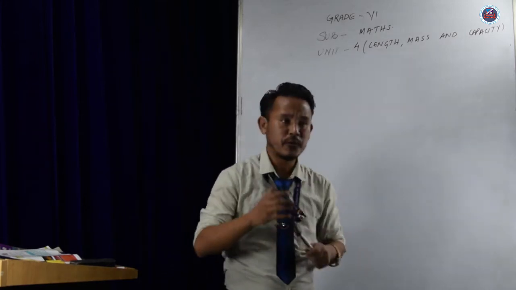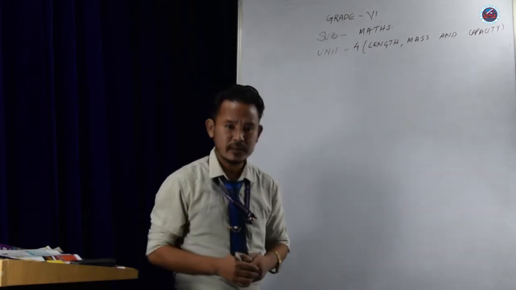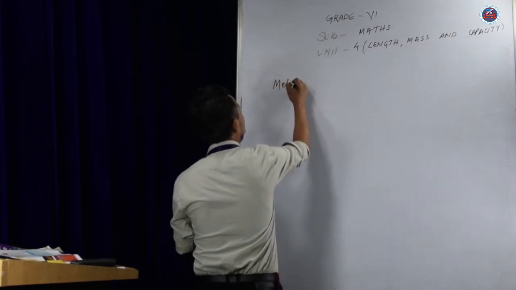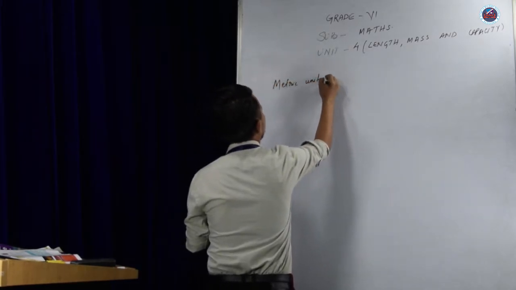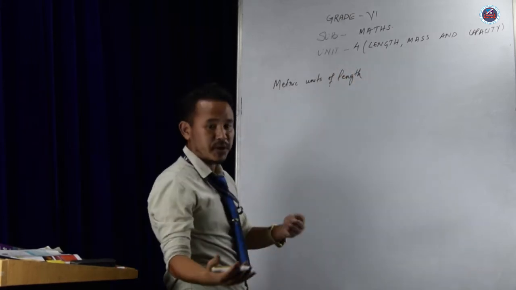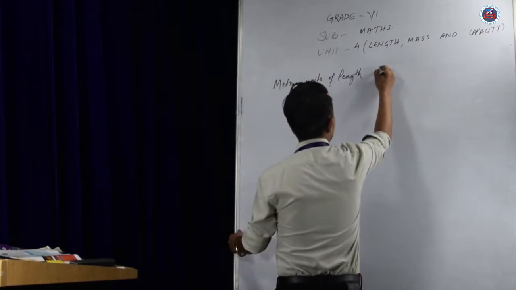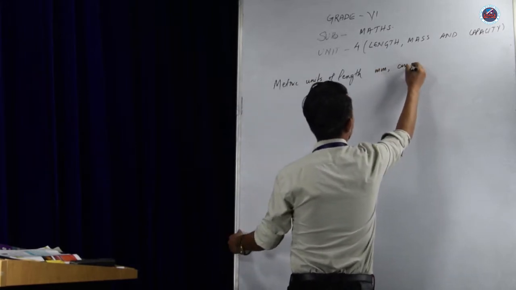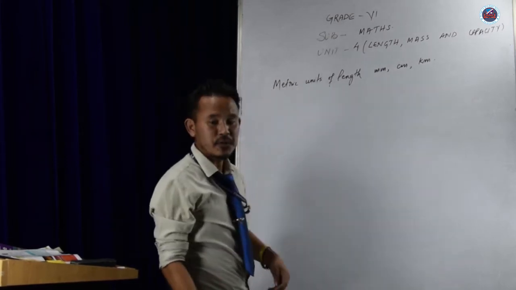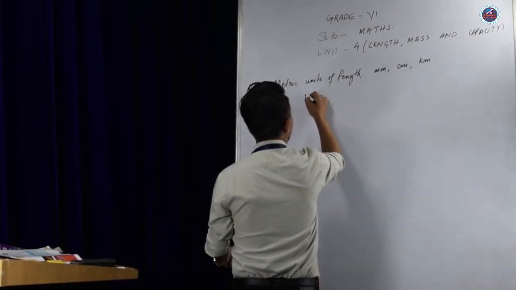We know that the metric units of length are millimeter, centimeter, kilometer. The same goes for the unit of mass.